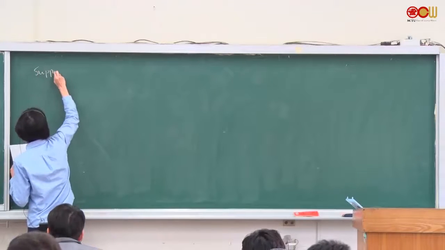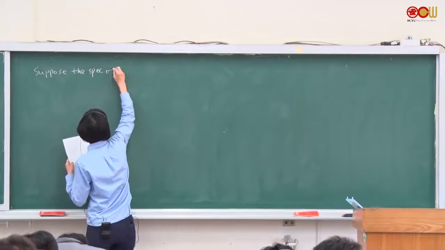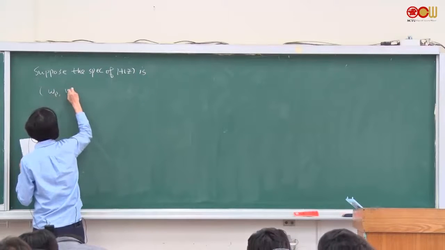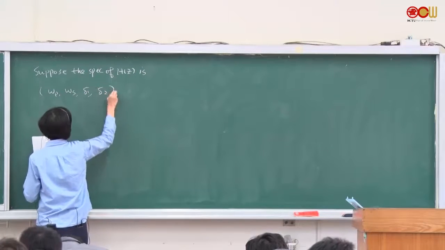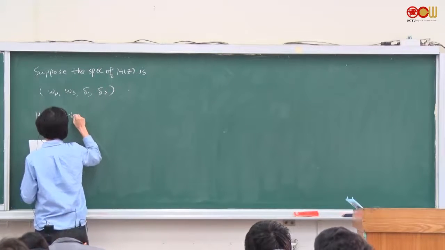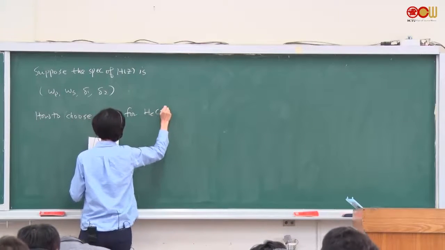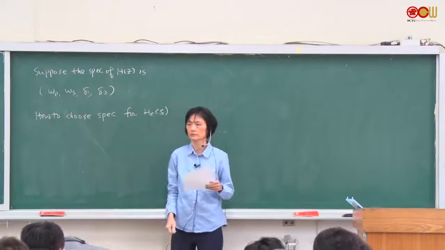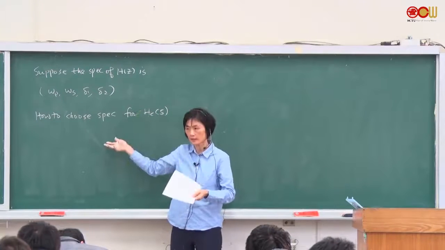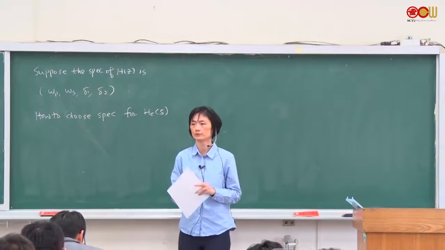Suppose the spec of H(z) is omega p, omega s, delta 1, delta 2. How do we choose the spec for H_C(s)? We determine the corresponding spec for the analog filter, we design the analog filter, and we do the transformation, right? So, how to choose a spec for the analog filter?